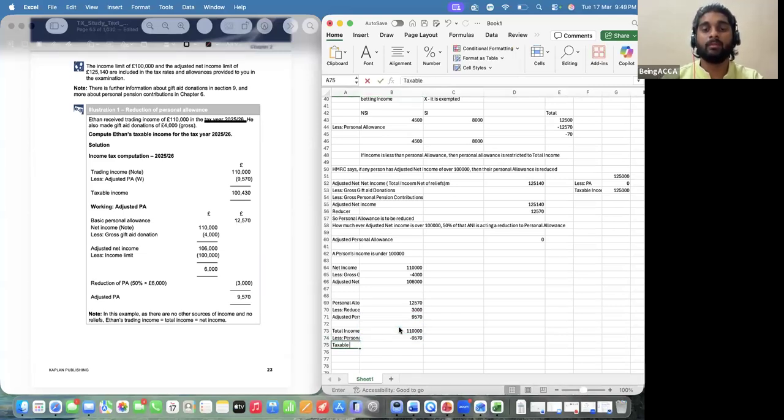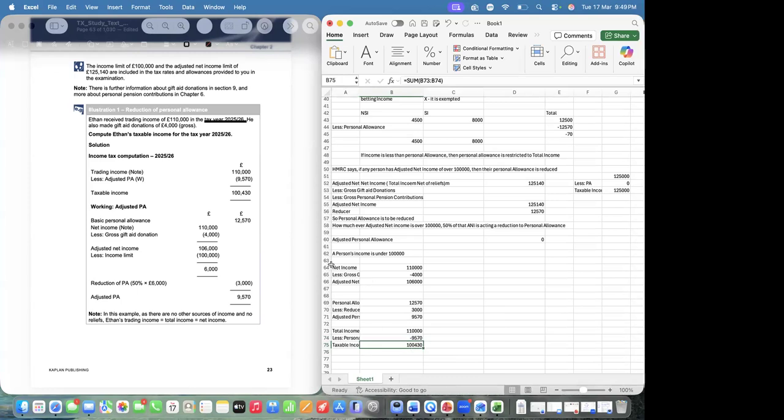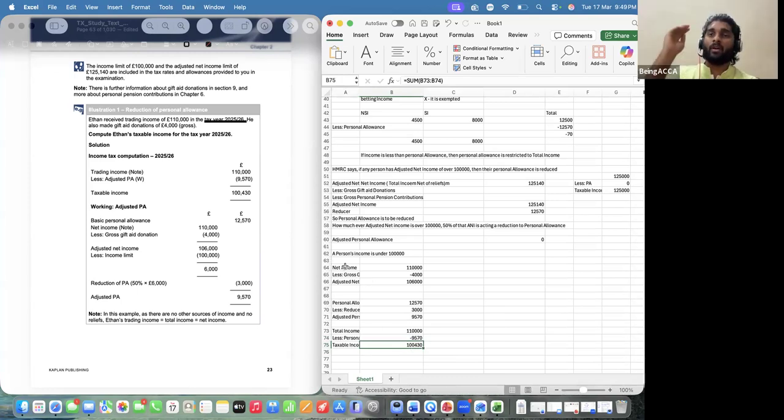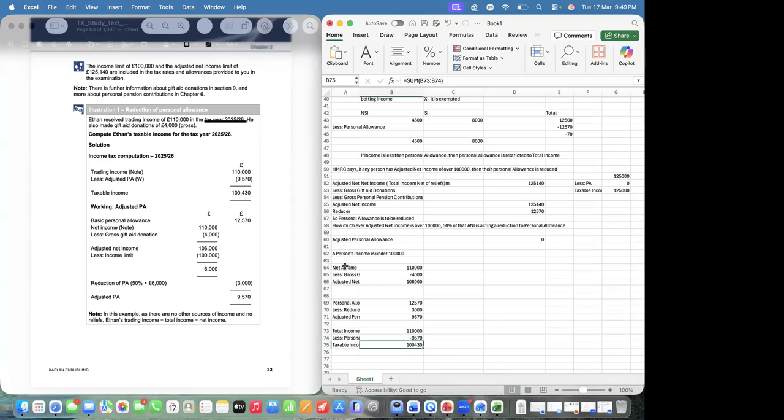So taxable income would now be equal to the sum total of both of them, making it 100,430. Clear? Yes, sir. Always remember, follow the steps in the same manner so that you can solve it in a systematic way and it is also clear in your head. If you have any doubts, you can always reach out to me.